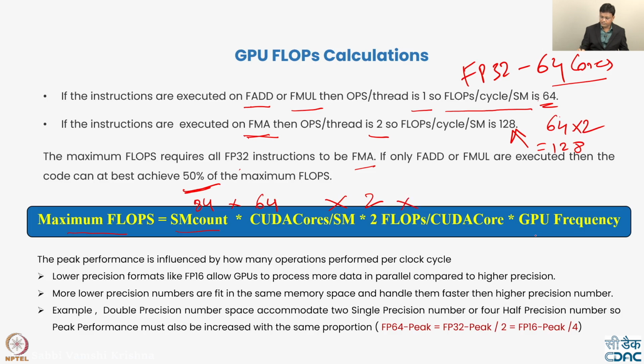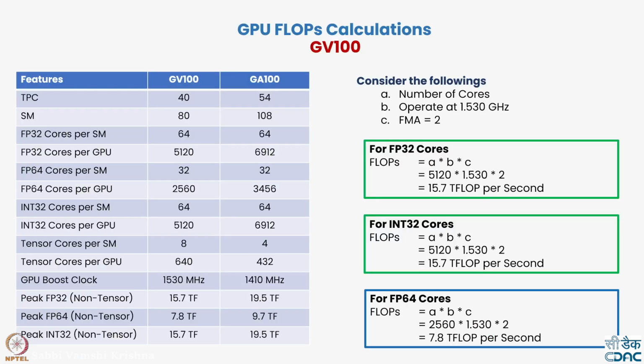Next is the frequency, which is always mentioned in the data sheet. SM count and CUDA core count are also mentioned in the data sheet. For flops, you also have to consider 2 flops per core. All this information you can get from the data sheet or by running device query functions in a program. So, let us do the calculation here.